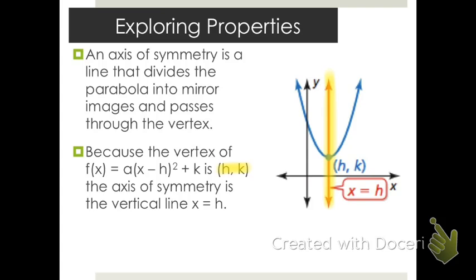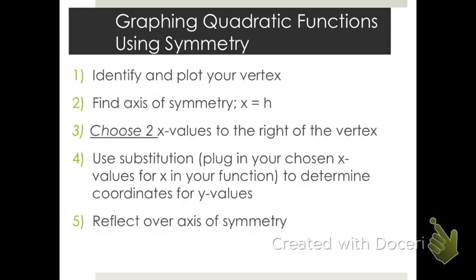And my vertical line is going to pass through my vertex. So all I need to do is let x equal whatever my h value is right here. And we'll talk about that more in detail here in a second.